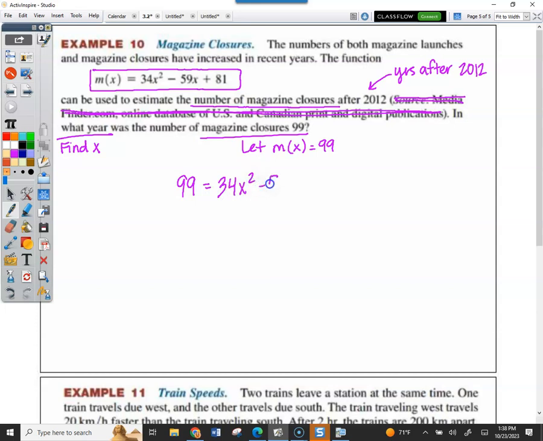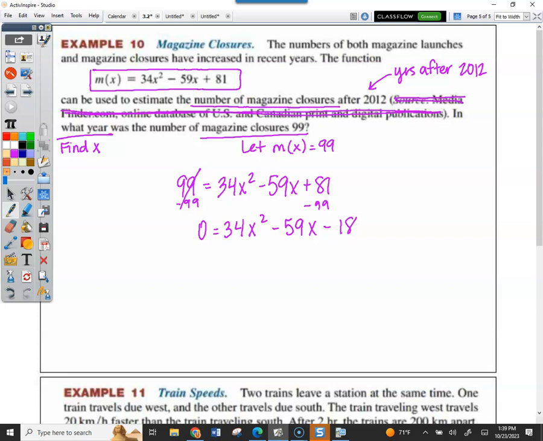34x squared minus 59x plus 81. I'm going to subtract the 99 over to its like term, and then I get a quadratic.